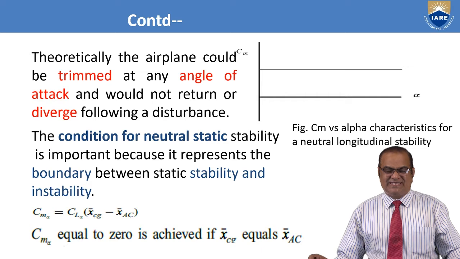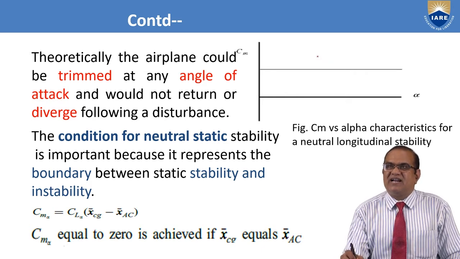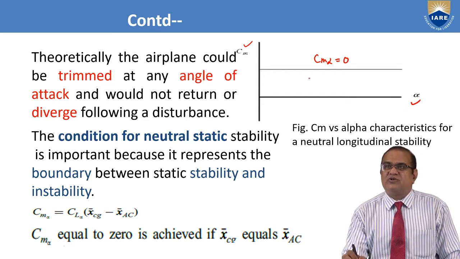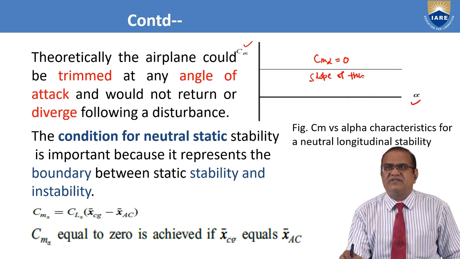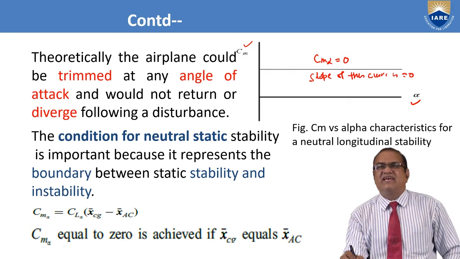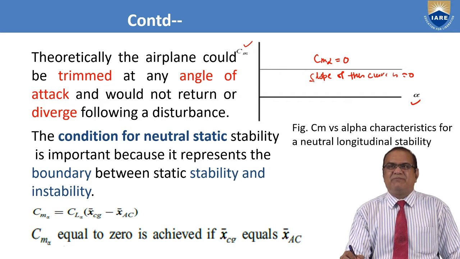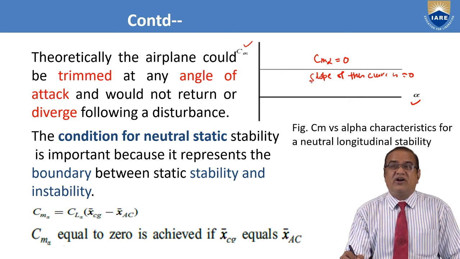Here you can see the diagram I have shown. This plot is called Cm alpha equal to 0, here is the Cm and this is the alpha. Here the slope of this curve is 0. If it is like this, then we can say that it is statically neutral stable. Theoretically, the airplane could be trimmed at an angle of attack and would not return or diverge following a disturbance.